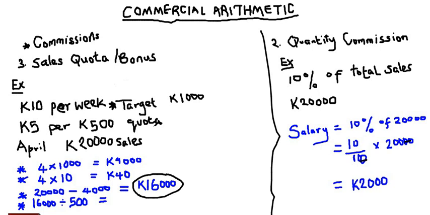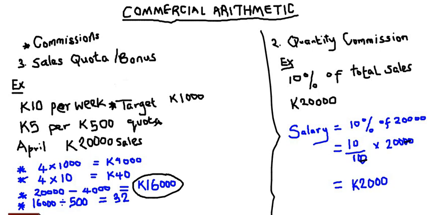We have 32. Okay, so what this simply means is that we have got 5 kwacha payments 32 times.